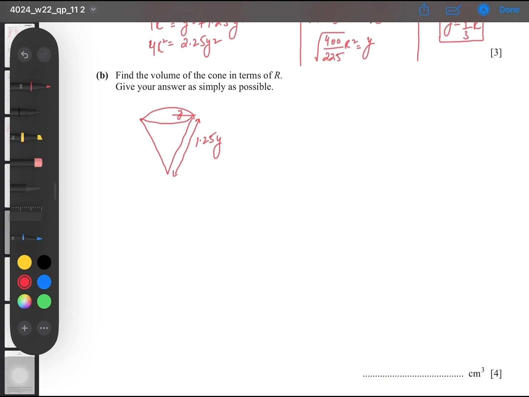For the volume, we need to find the height of the cone, which I don't have. So we need to find the height of the cone first.